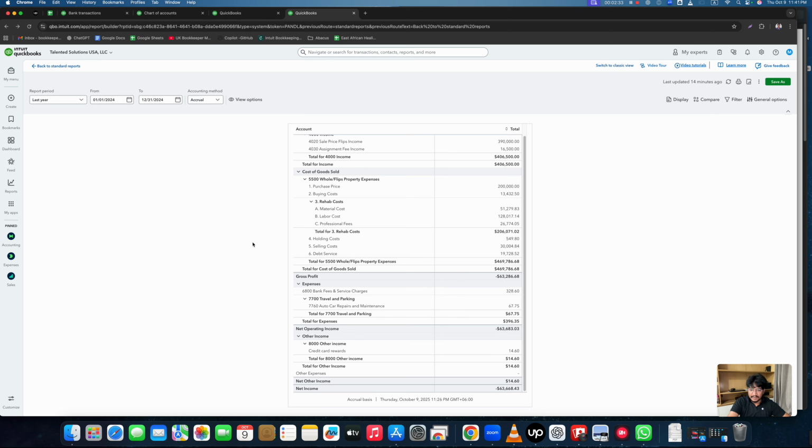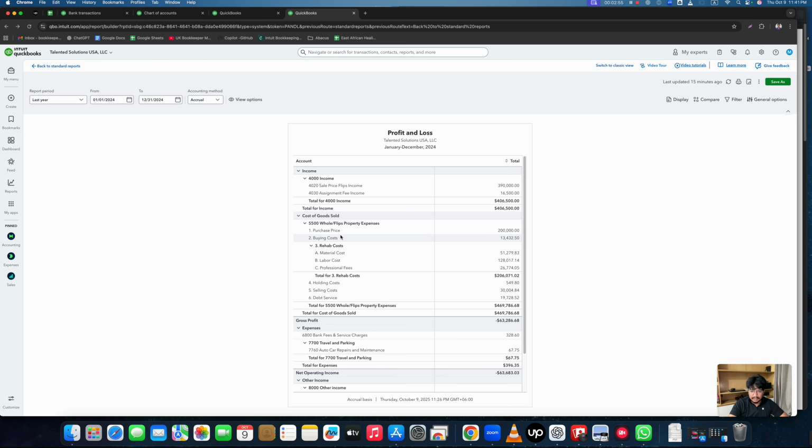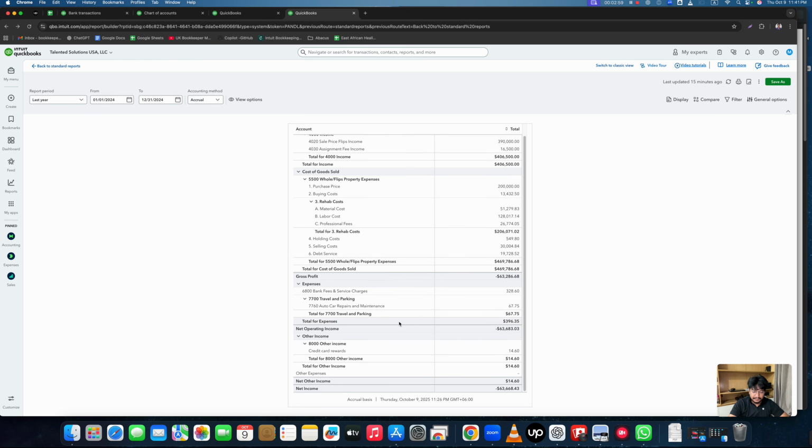And when the property was sold, flipped to a different owner, there was a selling cost, so I recorded the selling cost, and there were some other overhead expenses, like bank fees, auto card, repair and maintenance. So after all the expenses, buying cost, selling cost, everything, the owner had a loss.